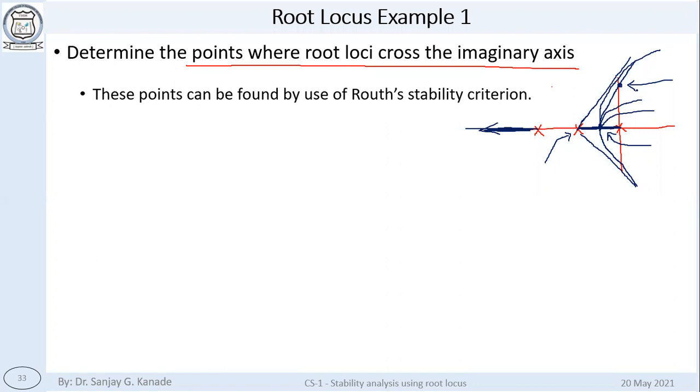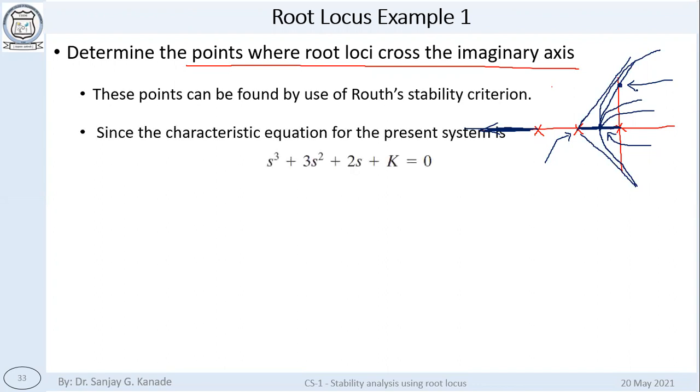To find that, as we have seen during the discussion of the steps of root locus calculation, we need to apply the Routh-Hurwitz stability criterion. And where does that Routh table come from? It comes from the characteristic equation. So this is the characteristic equation, s cube plus 3s square plus 2s plus k equal to 0.